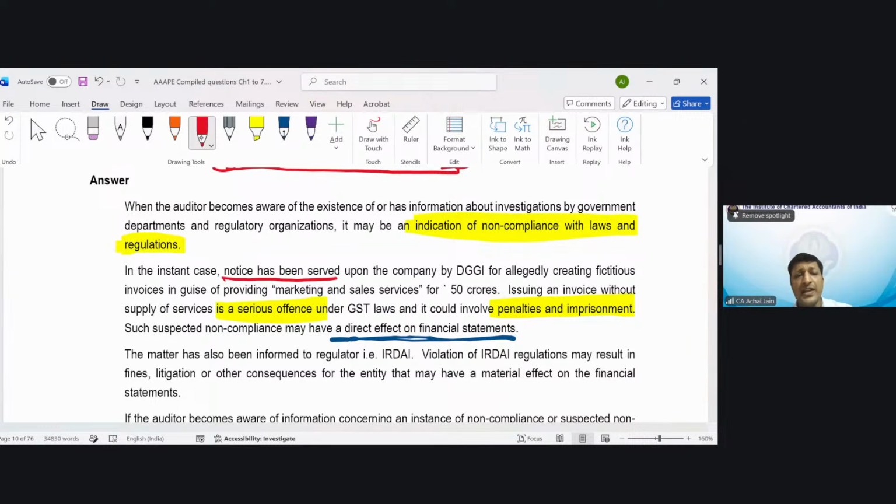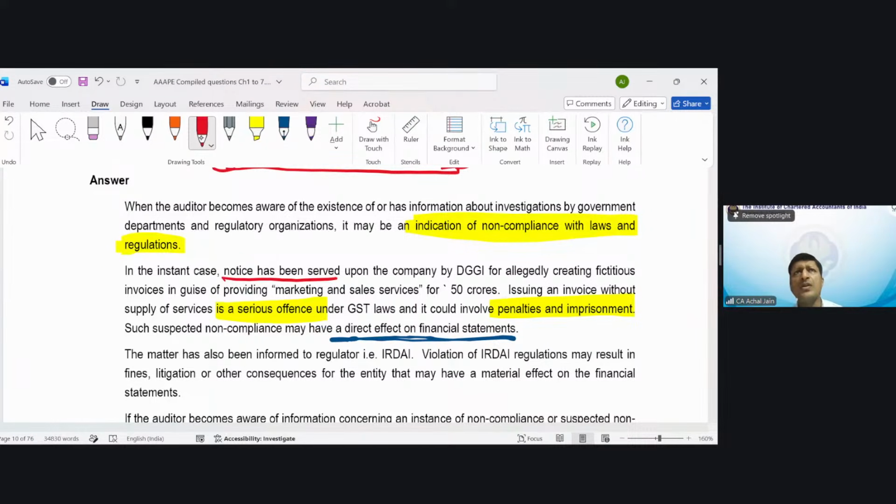In the instant case, if you go back and look at the fact pattern, notice has been served upon the company by DGGI for illegitimate activities, for allegedly creating fictitious invoices in the guise of providing marketing and sales services for 50 crore.